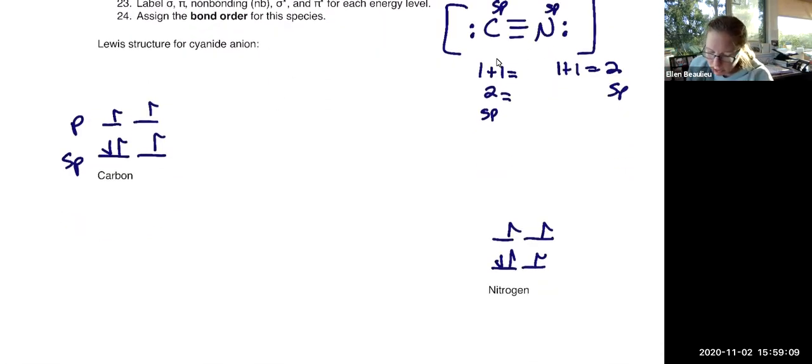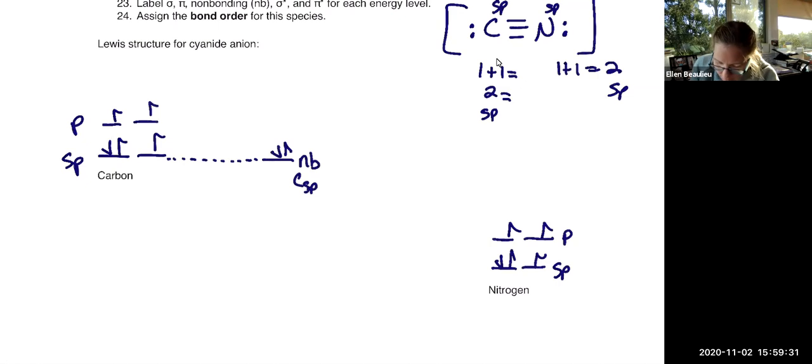Okay, so in constructing my diagram, I know that non-bonding electrons are at the same energy as they were on the atom that they are found on. In other words, I have a non-bonding lone pair from carbon's sp orbital, and I have a non-bonding lone pair from nitrogen's sp orbital.